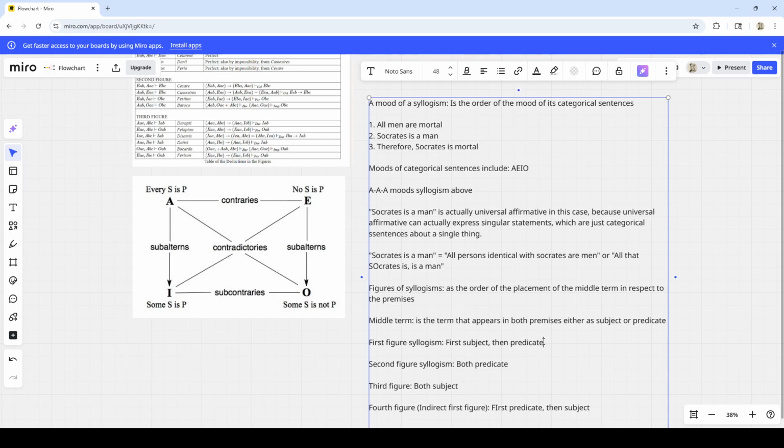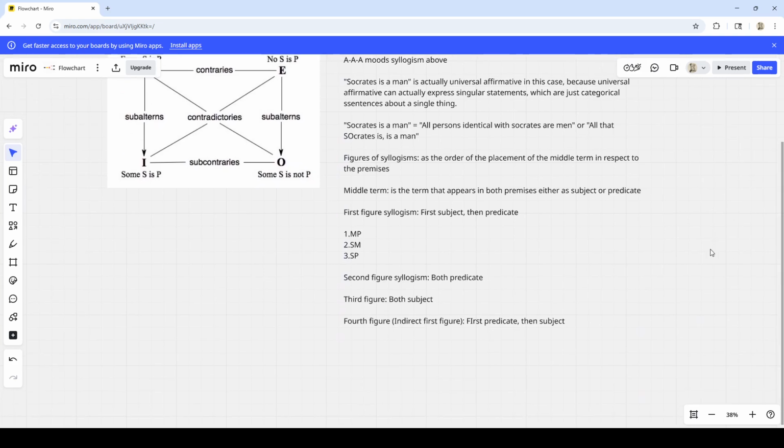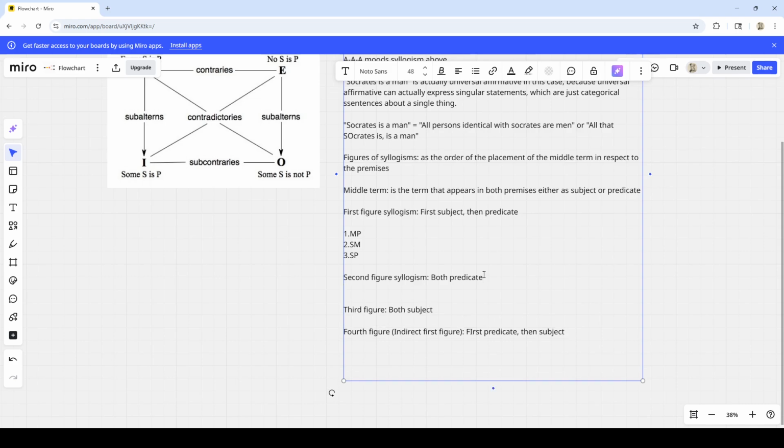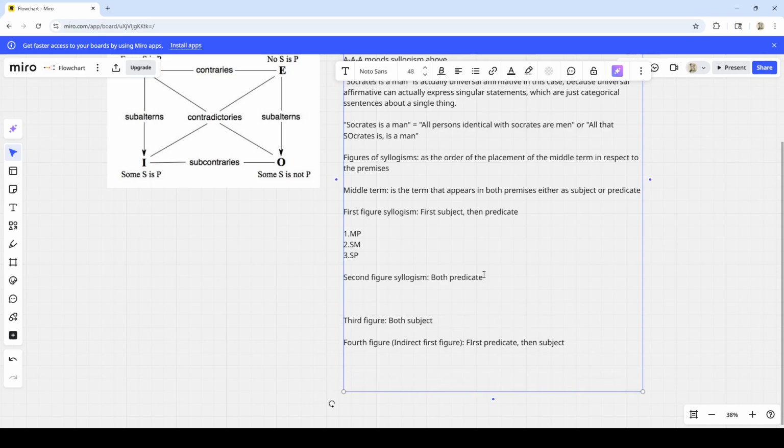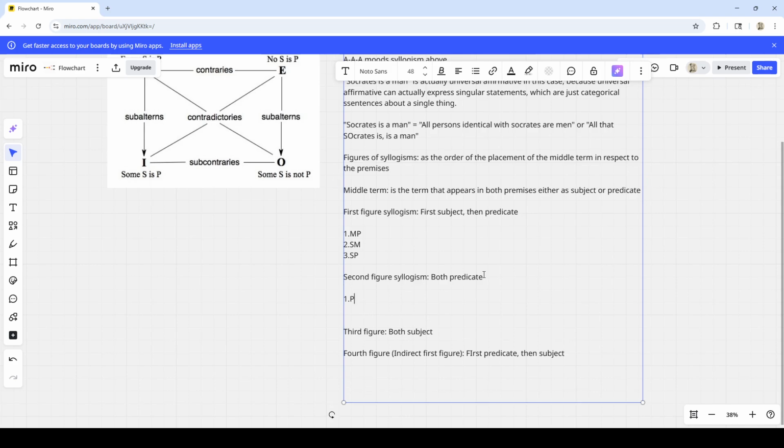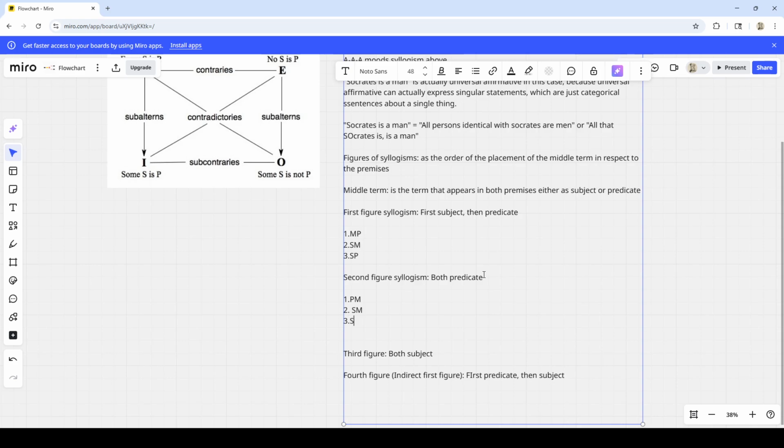So if I were to give an example of each, let's say you just have the simple one, it would look like this: MP, then SM, and then the conclusion is thus SP. So you see here the middle term M is first subject and then predicate, and that's how you would read it in this case. And then both predicate, so it would be PM, SM, and therefore SP.